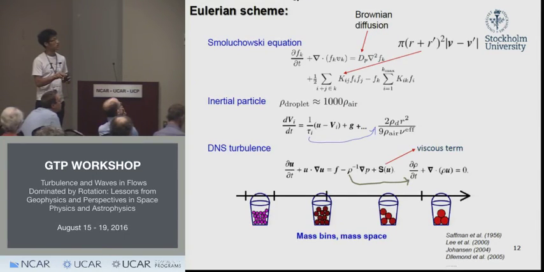This is the Navier-Stokes equation with the viscous term, and also the continuity equation. Because for the Smoluchowski equation we have particles with different sizes, we are using mass binning methods. The basic idea is that if we have cloud droplets with different sizes, we put them into different bins. If they collide with each other, they will grow and jump into these bins.